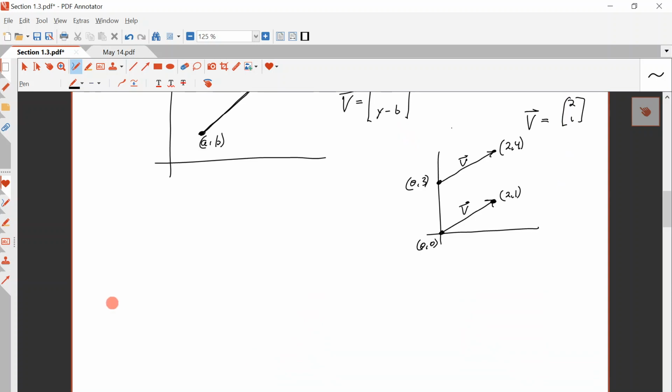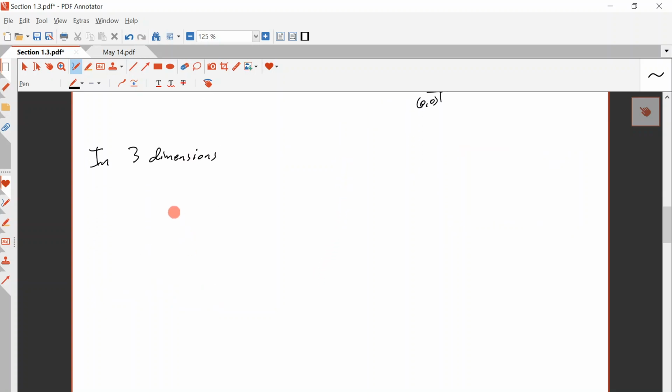In 3 dimensions, how do we see vectors? You have 3 coordinate axes, x-axis, y-axis, and a z-axis. The x and y-axis are flat on the paper, and the z-axis is coming out from the paper towards you. So it's kind of drawn as a slanted line. This is a perspective drawing.